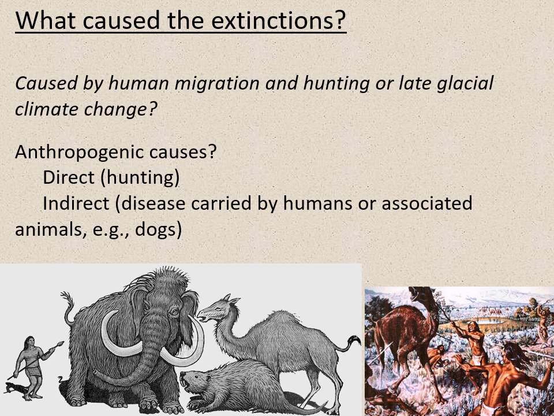So whether humans are bringing diseases or just their domesticated animals are having issues with being invasive, or the direct hunting, not to mention all of this is happening as climate is changing and we're seeing tundras turn into warmer grasslands. All of this is going to have a lot of pressure on our megafauna, and thus probably causing that extinction.